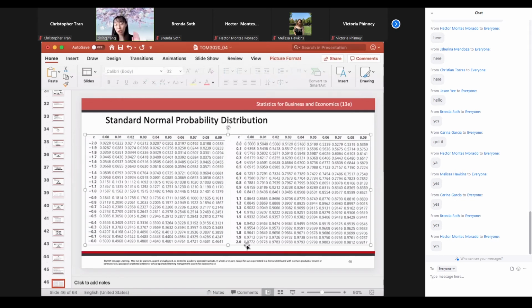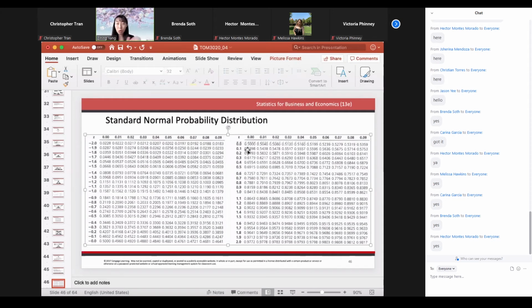That's what you will see in the row, which represents the first decimal place of your z-score. So your z-score may be positive, may be negative, because if your value is greater than the mean, you got it positive. If your value is lower than the mean, you got a negative value.